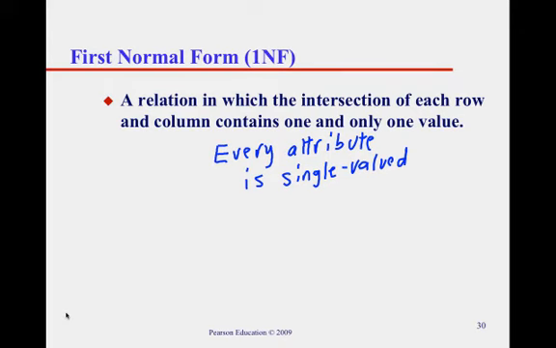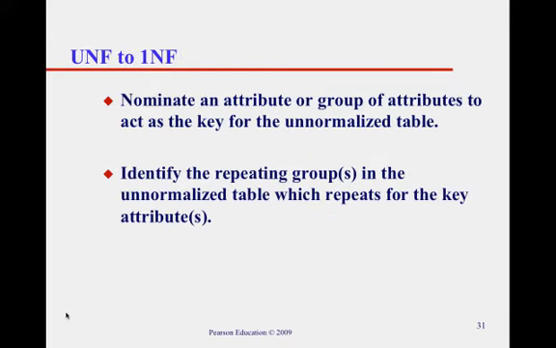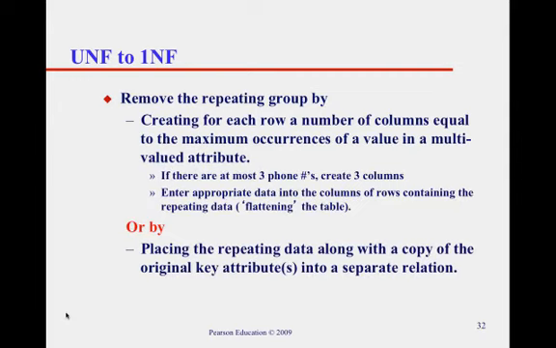Okay, so if you want to get from unnormalized form to first normal form, you have to eliminate your multi-valued attributes. Okay, this method stinks. Don't use it. It might be the case that you have at most 3 phone numbers.